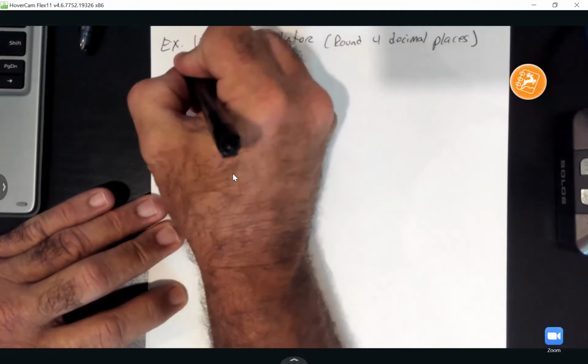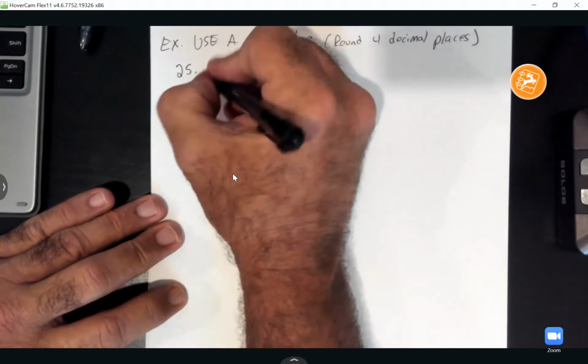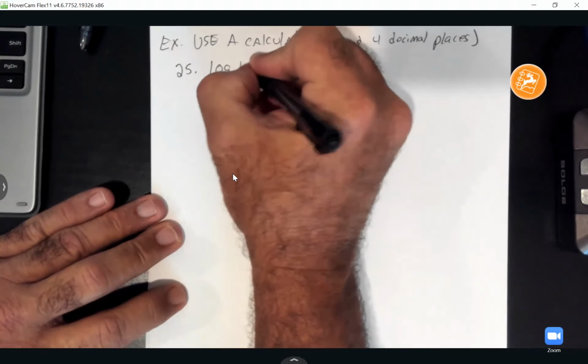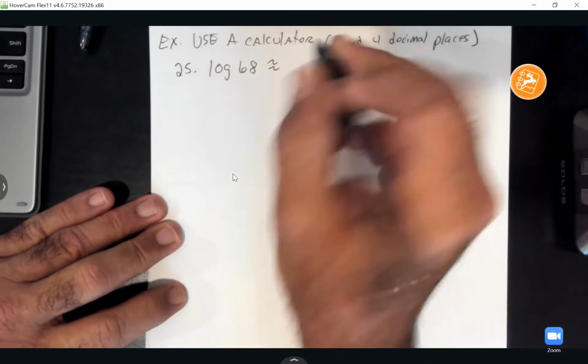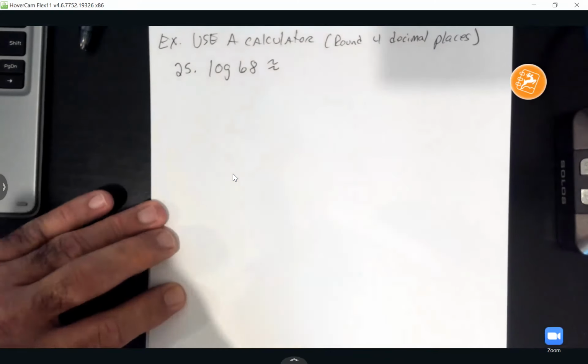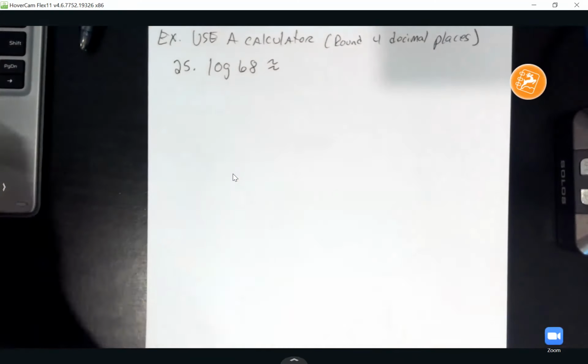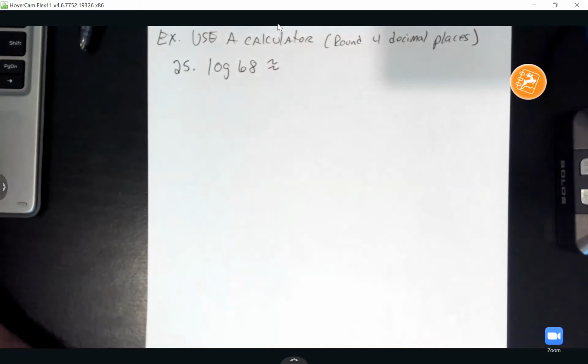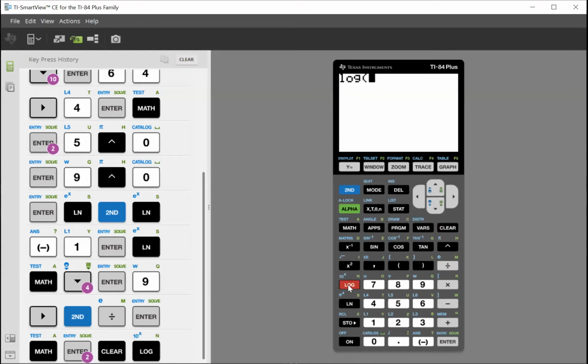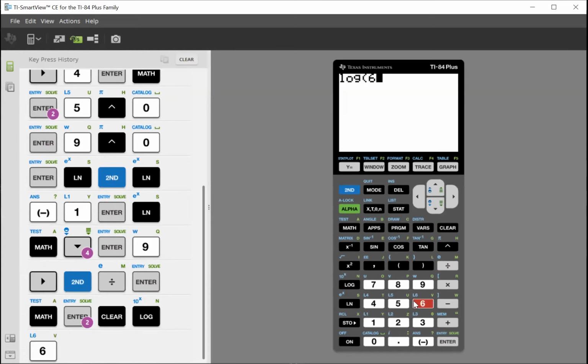So these started at 25. So y'all, I want the log of 68. And remember, the curvy parentheses means we're approximating it. So I'm just going to go to my calculator. The log is on the very front. Log, put in that 68 and hit enter.